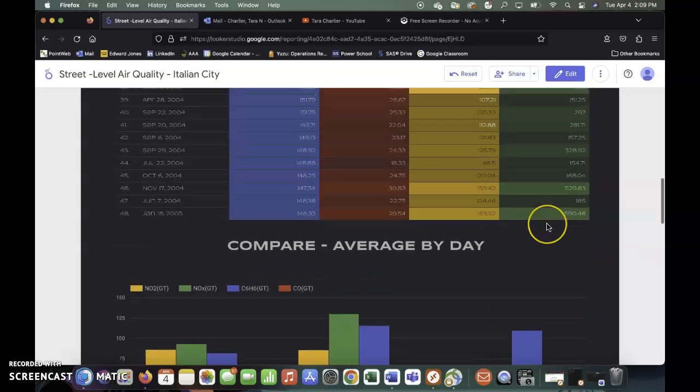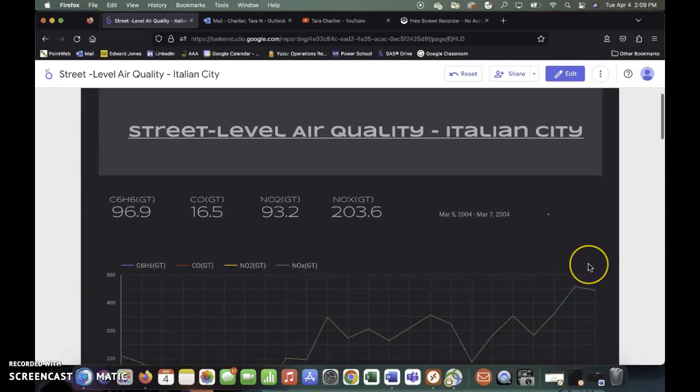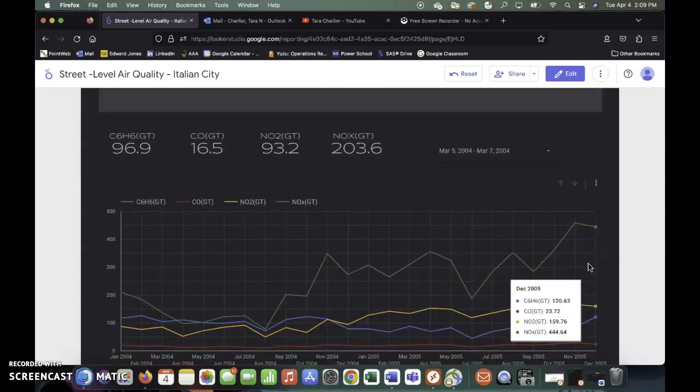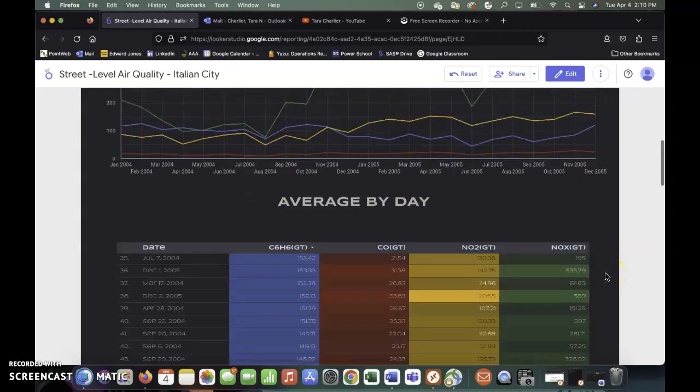I tried to look up what was an okay amount of these pollutants to be in the air, an acceptable level where it wasn't going to start affecting your body. And as I said before, the measurements for things like that are in parts per million. This is in gigatons. Not really something that I can figure out, maybe if given enough time.